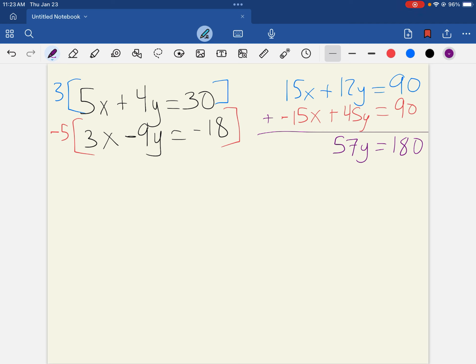Let me make sure I wrote this problem down right. I did not, in fact, write this problem down right. That's okay. So from here, what I would do is divide both sides of my equation by 57.